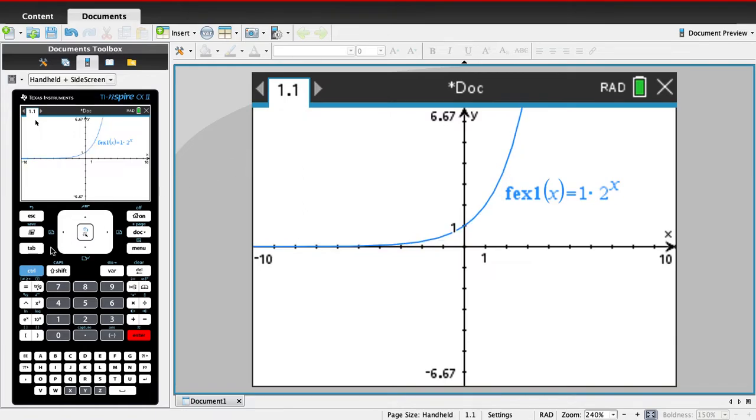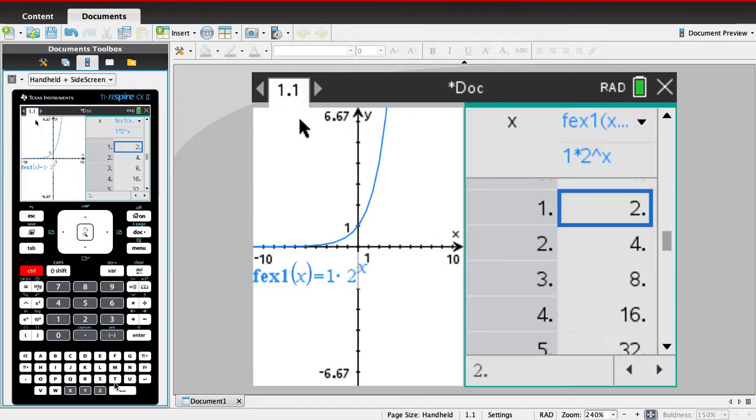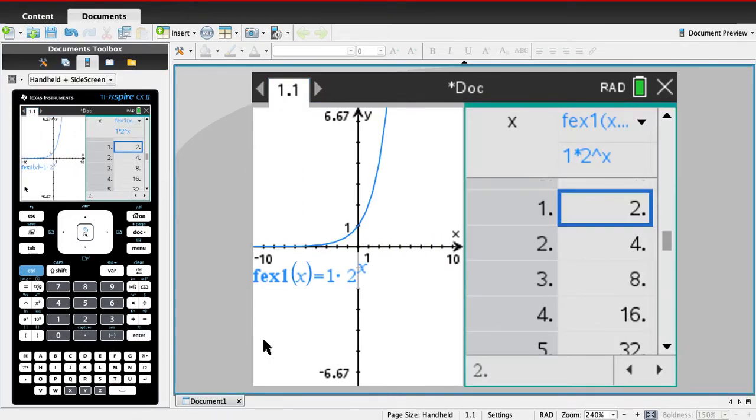Okay? Now I'm going to look at my table. So an asymptote is a line, usually not drawn, that some type of graph is approaching and getting really close to, but it never actually touches, okay?